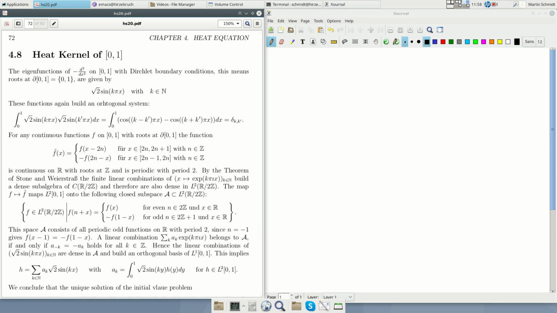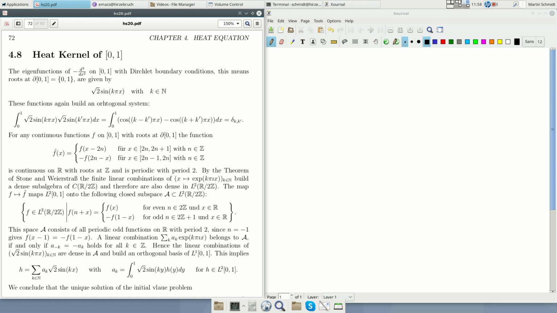And finally we determine the heat equation of an interval and also of Cartesian products of intervals. So this should remind you of the determination of Green's functions on all balls.